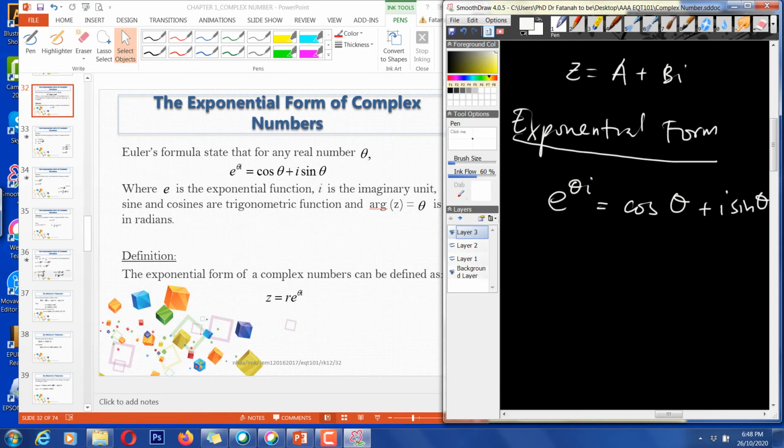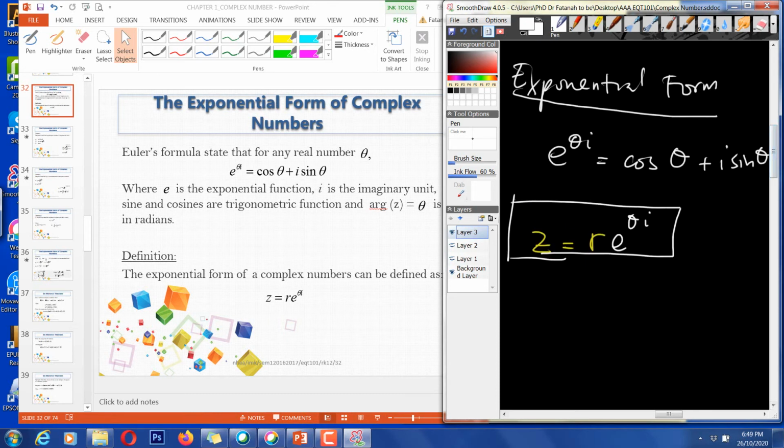Because once we get theta, we need to have r. So z equals r e to the theta I. I put it in a different color here. So z equals r e to the theta I. This is the exponential form, where e to the theta I is equal to cos theta plus I sin theta.